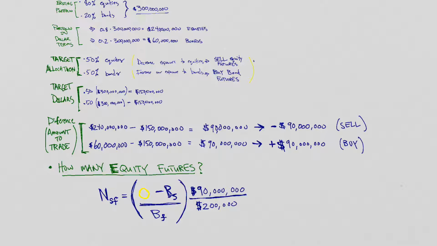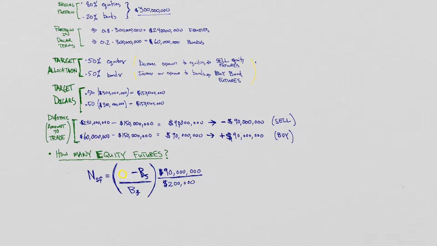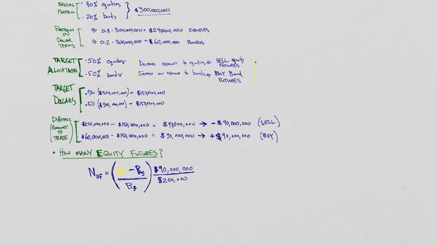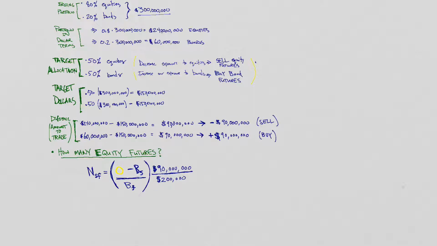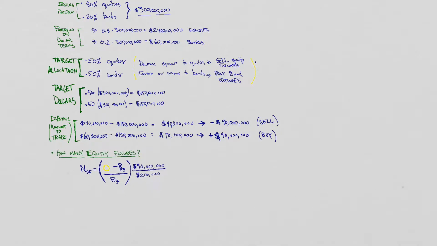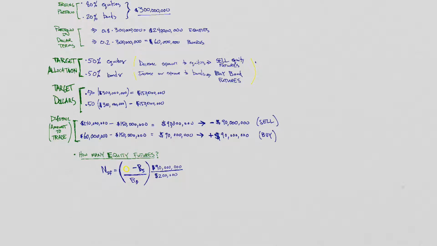And so what's left is just the ratio of the beta of our portfolio to the beta of the futures contract. So we'll need to find out the two betas. The portfolio you can take as given for the moment, and the beta of the futures contract is something that you can typically find out on a financial aggregator site, a financial news site.